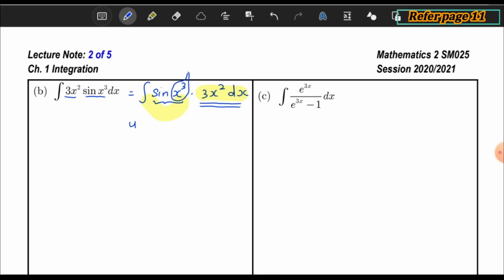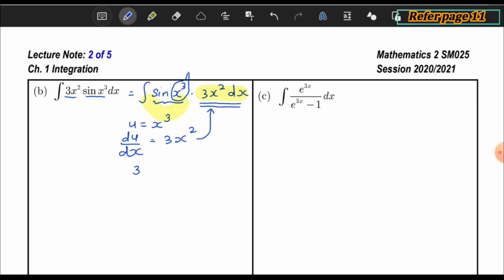So, we use u equals to x cubed. Dan, kalau kita differentiate, du dx equal to 3x squared. Okay? And similar, for this case, is exactly equal to the remaining function, the function at the back.